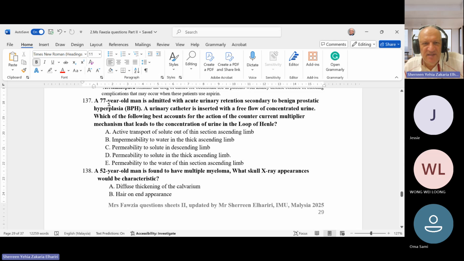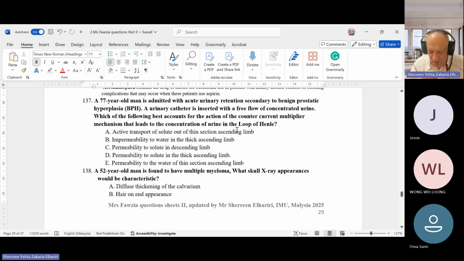Next question: a 77-year-old man admitted with acute urinary retention secondary to benign prostatic hyperplasia. A urinary catheter is inserted with free flow of concentrated urine. Which of the following best accounts for the action of the countercurrent multiplier system that leads to concentration of urine in the loop of Henle?